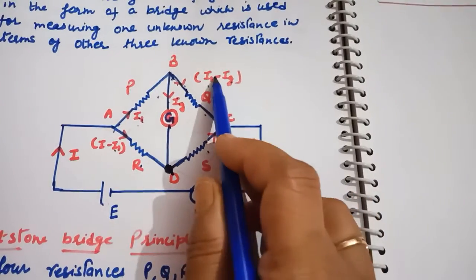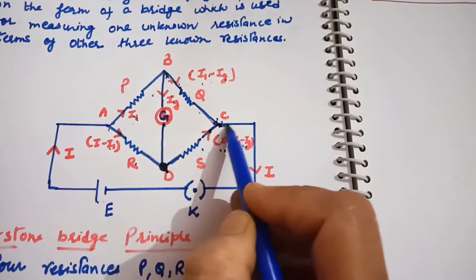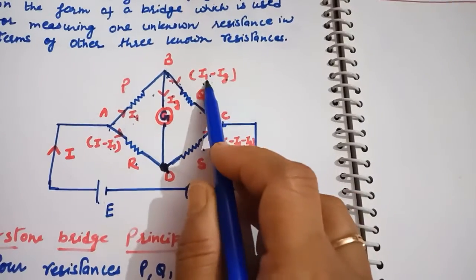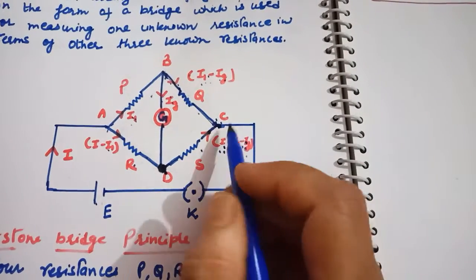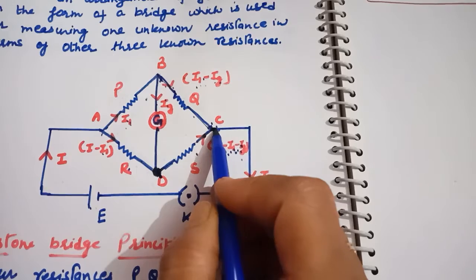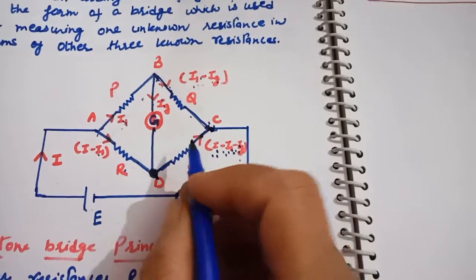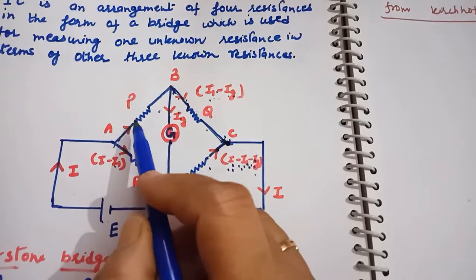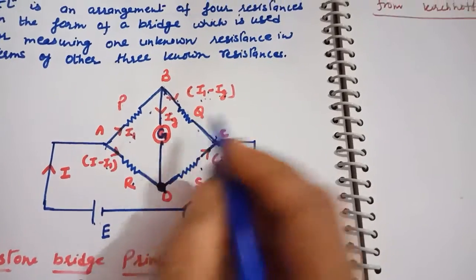When this current and this current meet at the point C, again you will get the current I, because I1 cancels out, and Ig and Ig cancel out. So you will get the current I flowing in the circuit. In this way you can get the respective currents flowing in the different arms or different resistances.